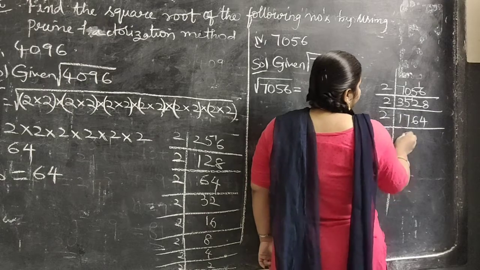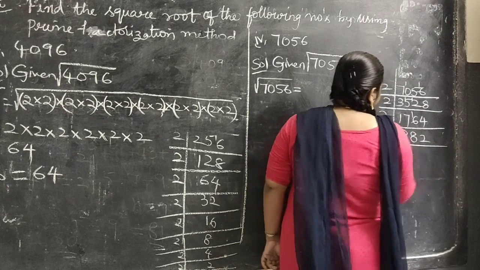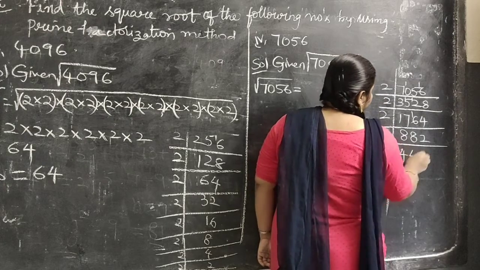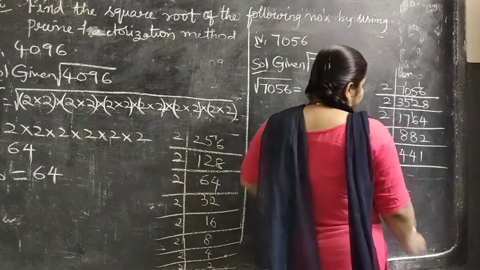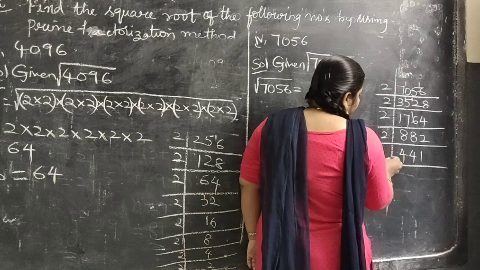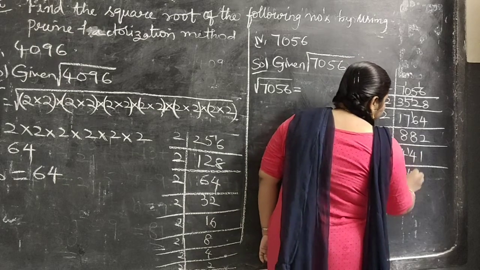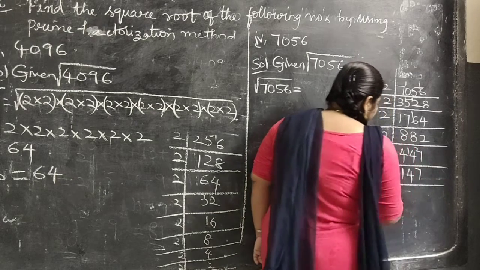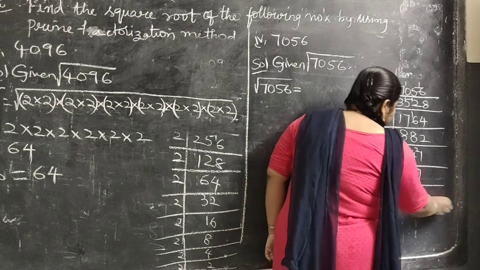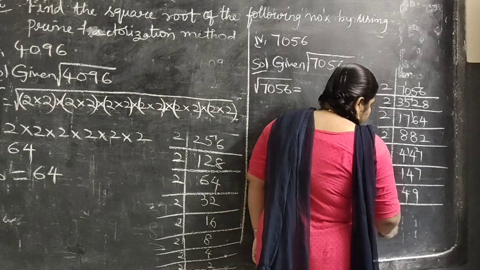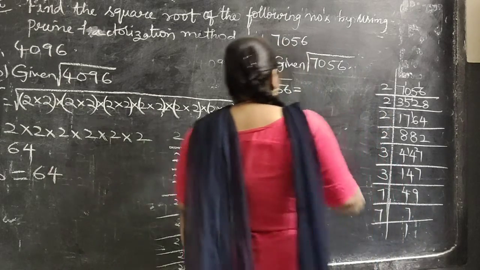Again 2 times, 2 8s are 16, 2 2s are 4. That is 441 into 2 will be 882.